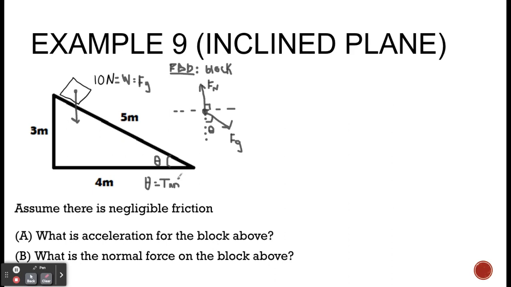To find the angle between the force vector and the y-axis, we need to find the angle of the incline. So I'm going to take the inverse tangent of opposite over adjacent. My opposite side is 3 meters and my adjacent side is 4 meters.